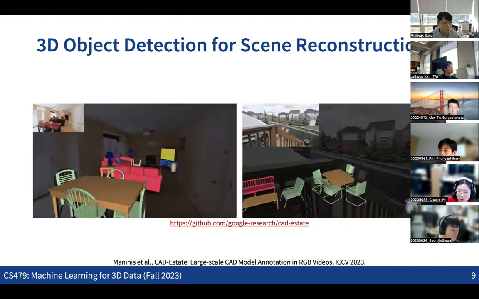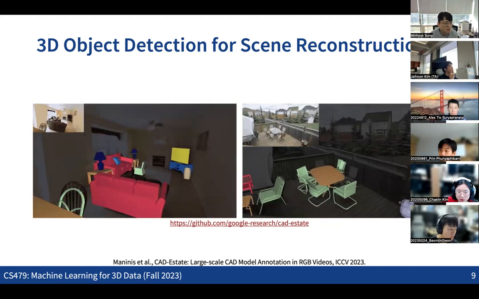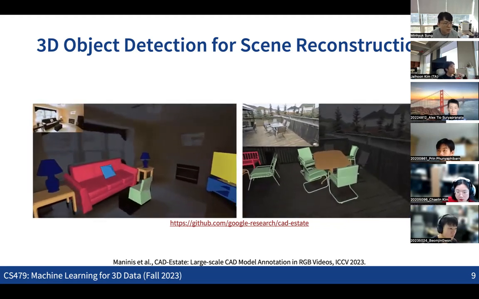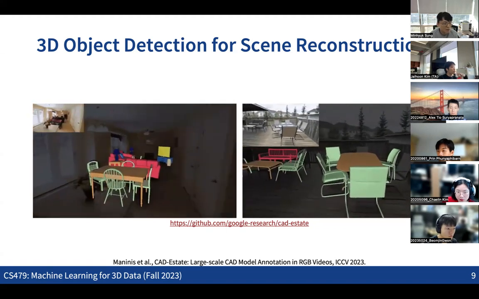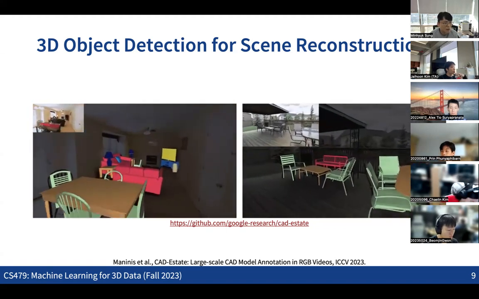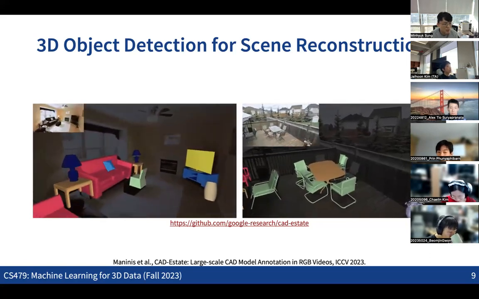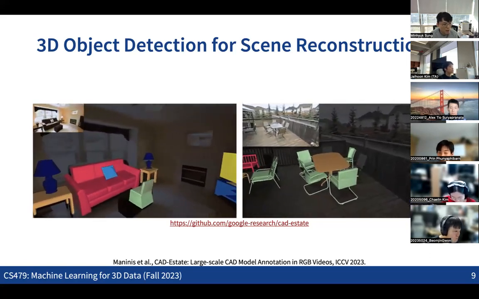And for that, if we want to turn real scenes into CAD model scenes, the best way to make these might be to detect many of the objects in the scenes and replace each region with the CAD models of the objects that we have.